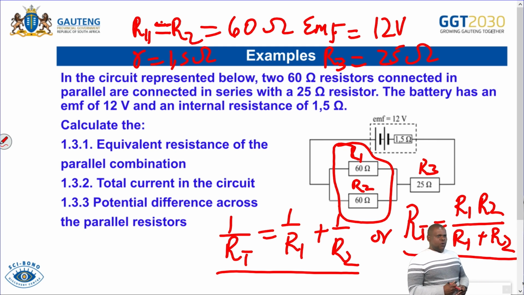Now, we are asked to calculate what? Number one, calculate the equivalent resistance of the parallel combination. Number two, calculate the total current in the whole circuit. Number three, calculate the potential difference across the parallel resistors.